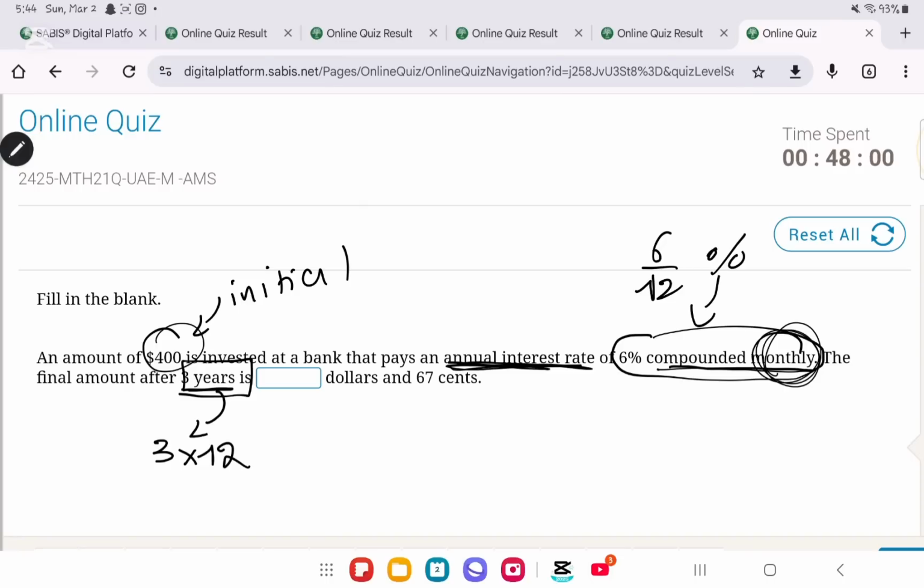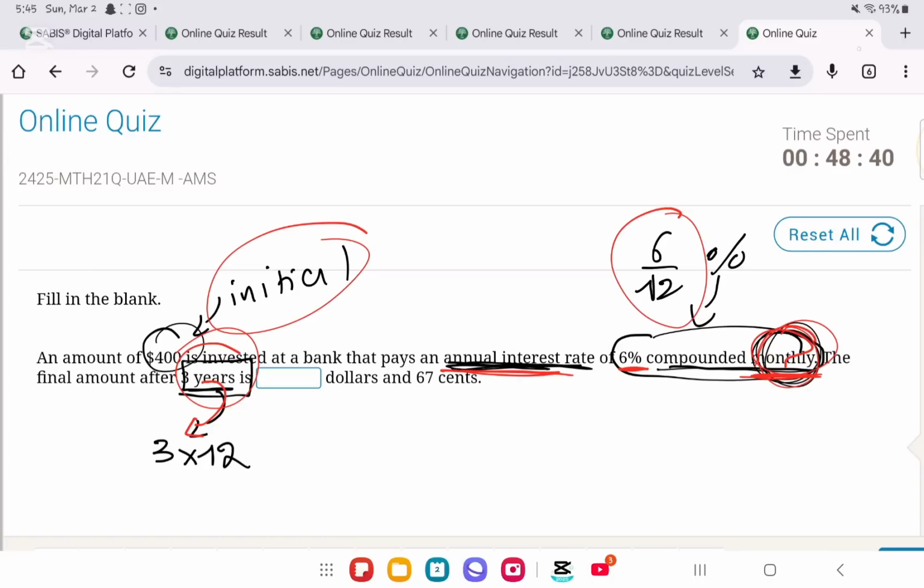Okay, and now we have everything we need. Now, the monthly is a bit confusing. You keep the initial as it is. They told you it's an annual interest rate, so you have to keep this in mind. 6% is compounded monthly, so per year it is 6/12%. And after 3 years, they need it in months, so it's going to be 3 times 12.